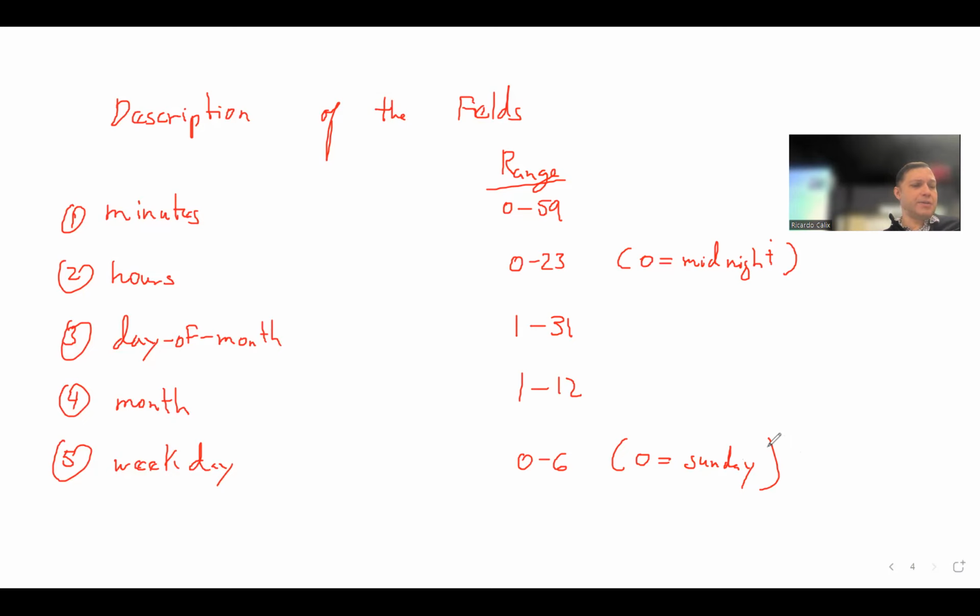So an entry in any of these fields, minutes, hours, etc., can be a single number, like 3. Or another option is a pair of numbers separated by a dash, which indicates a range.